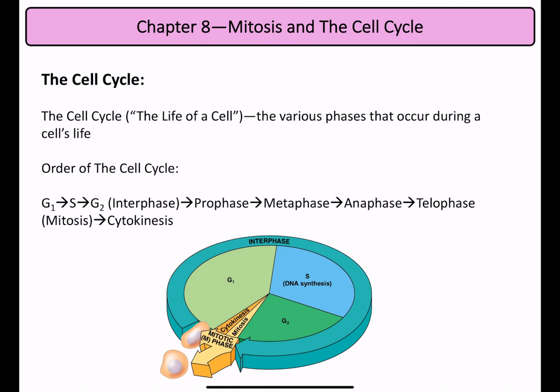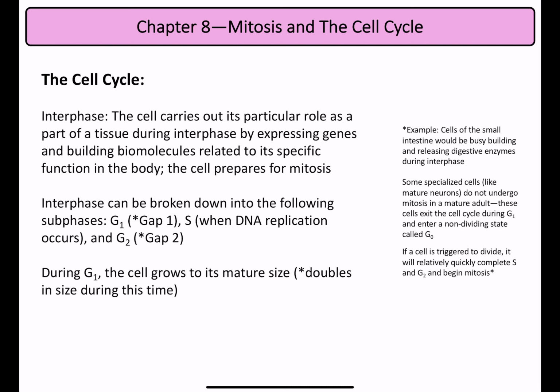So here again, you can see a depiction of the cell cycle, and you can also see the specific order of all of the stages and substages. There's no new information here.